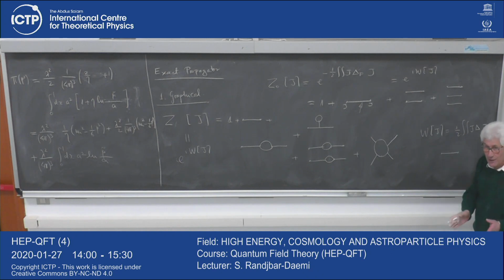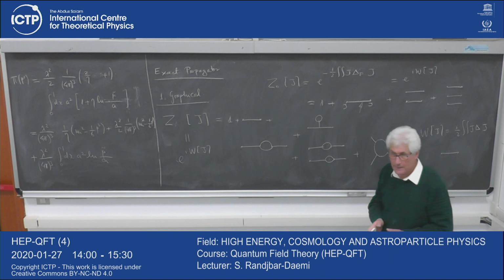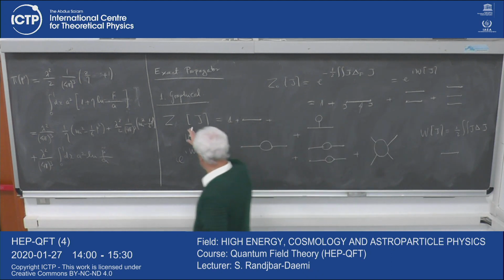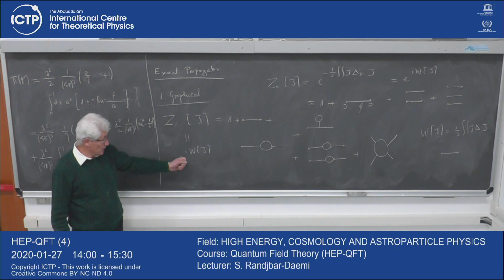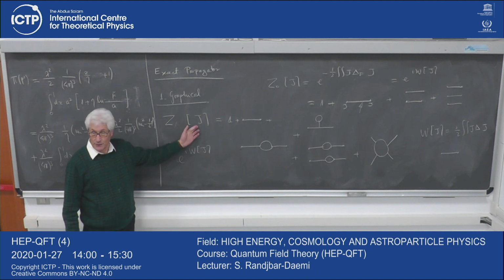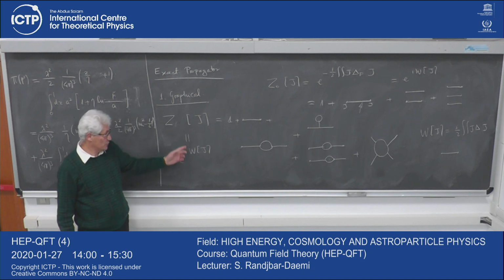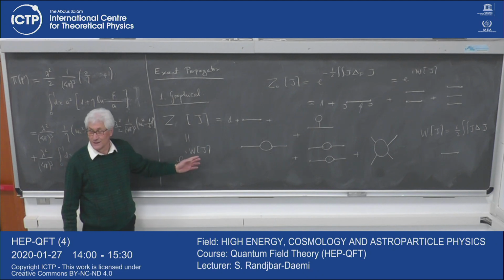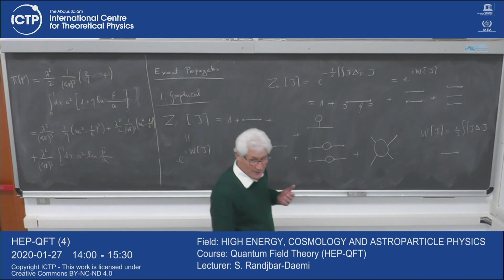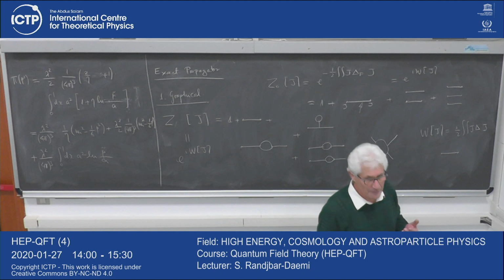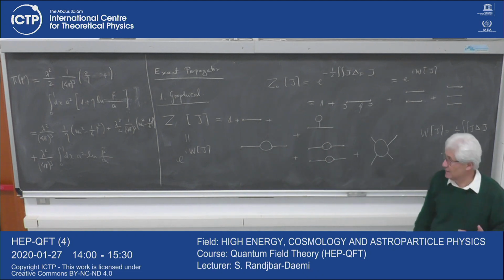So it gives you only one part, and that's connected. Here, it's not so obvious that in the interacting theory, if you define this W simply by taking the logarithm of Z, or writing Z equal to exponential of iW, then the expansion of W will produce only the connected graphs. Okay? However, it's not hard to see.